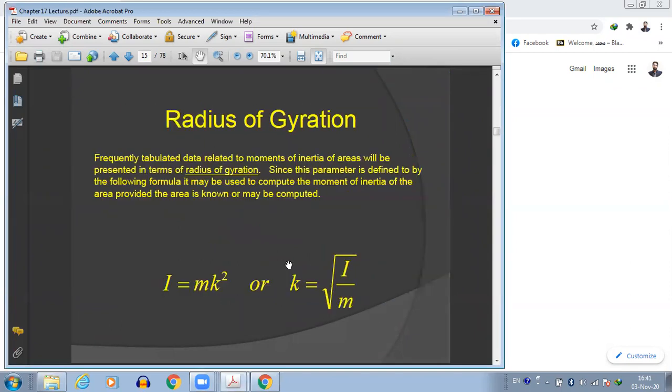Okay, so the next concept is the radius of gyration. Now, radius of gyration is basically what? This is another concept that we will be using in this chapter. So, first of all, radius of gyration has a formula I equals mk square, where k is the radius of gyration, and it could be written as k equals the square root of I upon m.